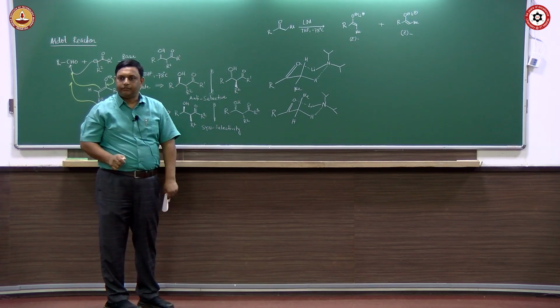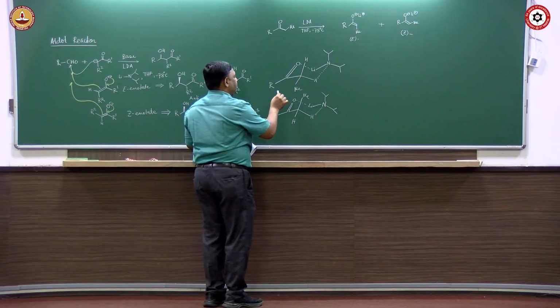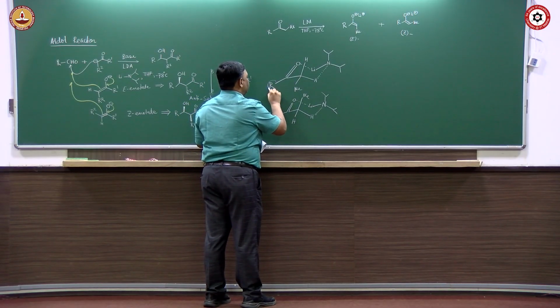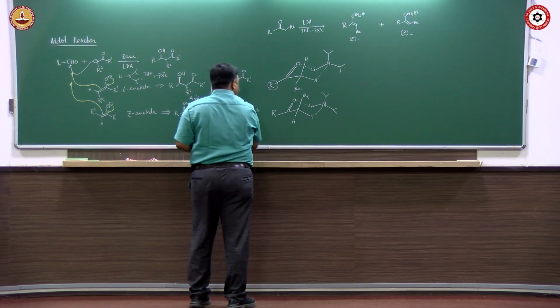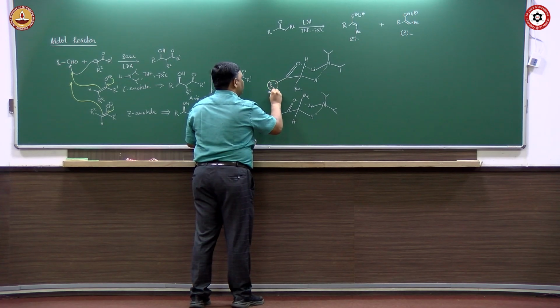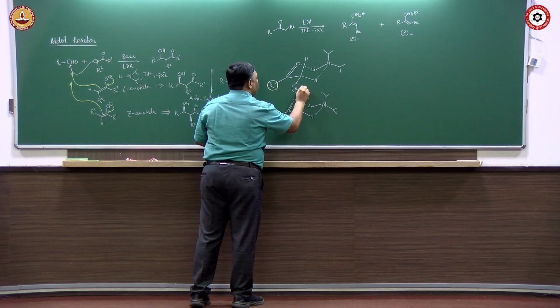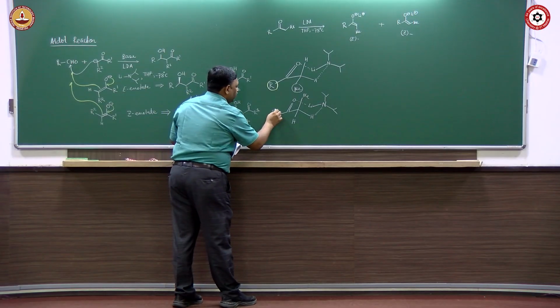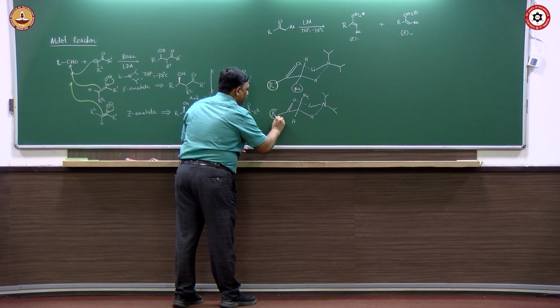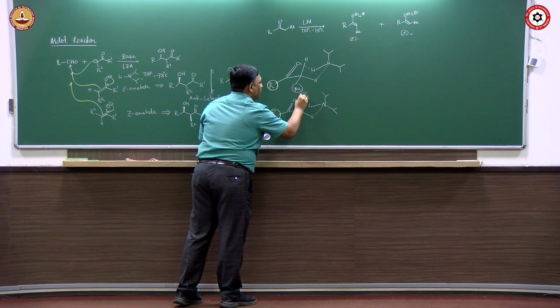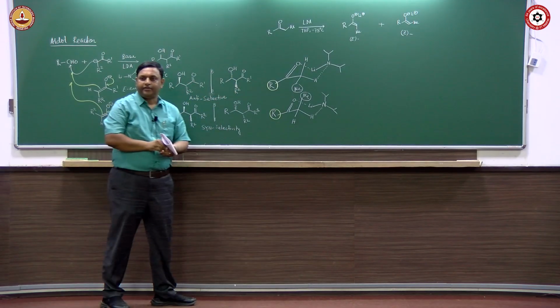This is the scenario. What is the difference? In this case, this R group and the methyl group are on the same side, and in this case the R group and methyl group are on the opposite side.